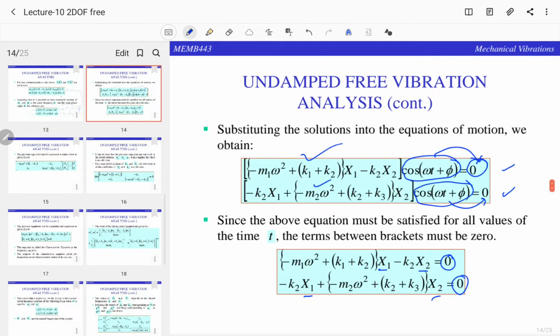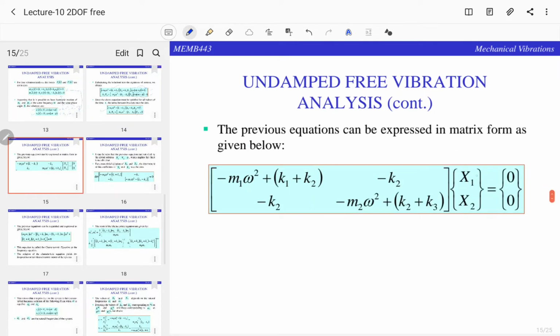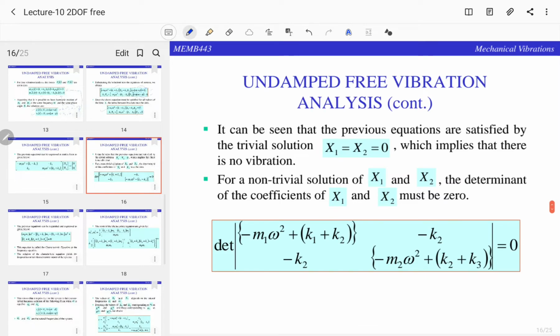Okay. So from here, you rearrange the terms in terms of x1 and x2. So make it in a matrix form. So how do you do that? You take the determinant, to solve for your omega.